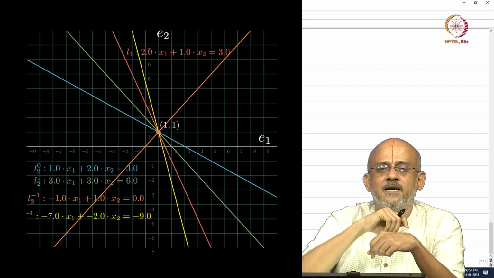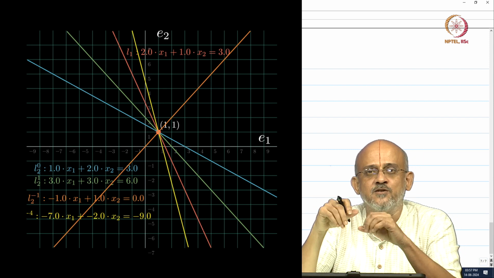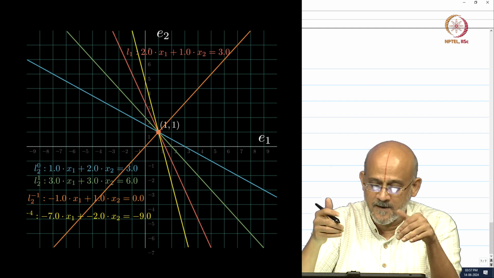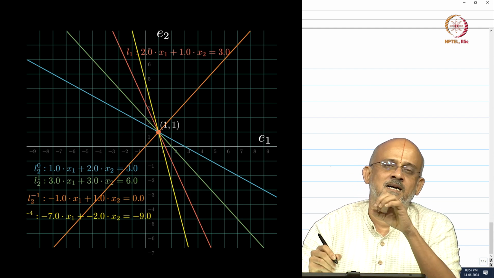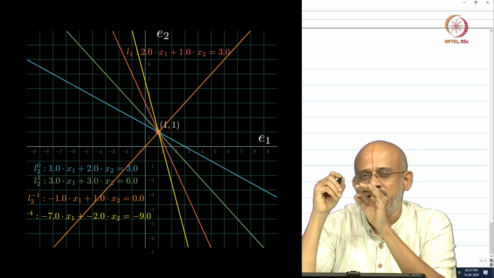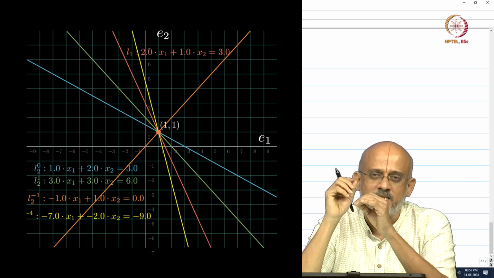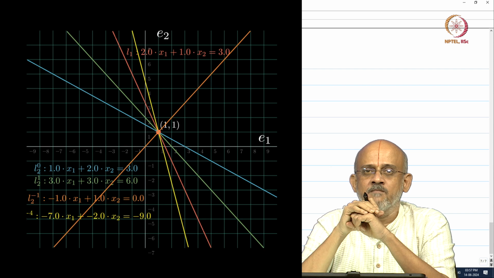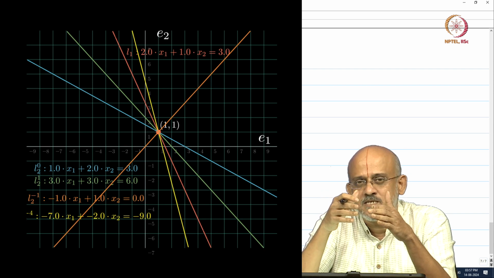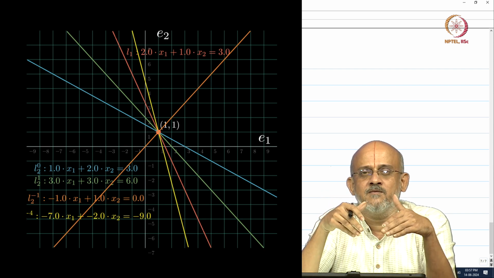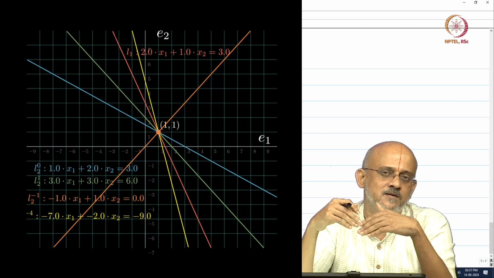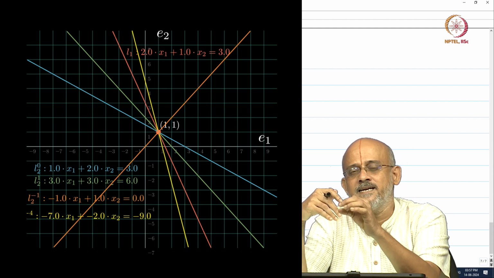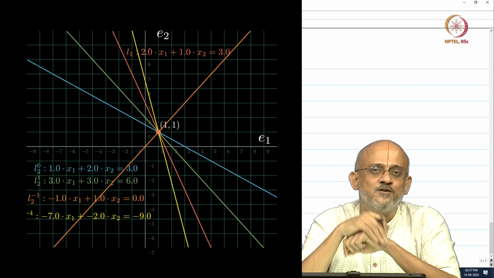The solution does not change, because all these lines are nailed at that point. Changing Ri to Ri plus k times Rj for different values of k rotates the second line hinged at the solution, therefore the solution does not change.